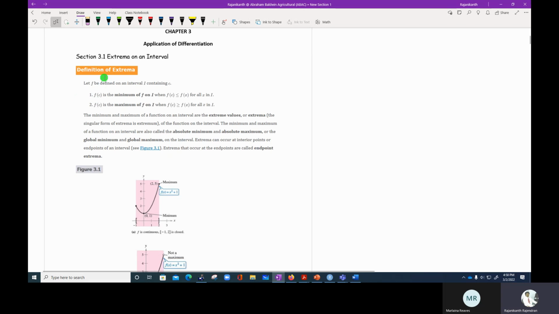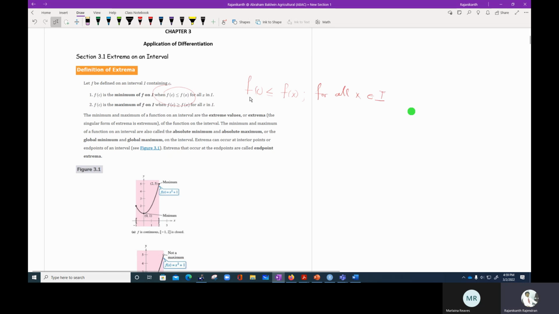Suppose you are given a function f, which is defined on an interval I, which contains a point c. Then we say f of c is the minimum of the function value whenever this condition holds: the function value at c should be less than or equal to the value at any other x in that interval, for all x in that interval.